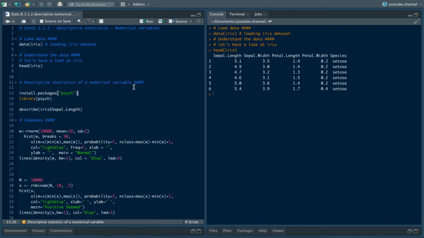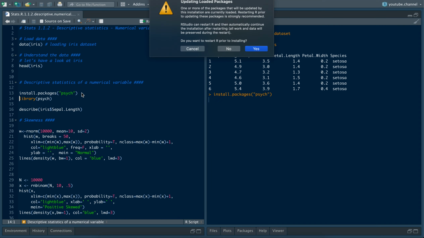Now, for those who are not familiar with R, the way to install packages in R is extremely easy. Basically, you simply type install.packages, and then in brackets you put the name of the package that you want to install.